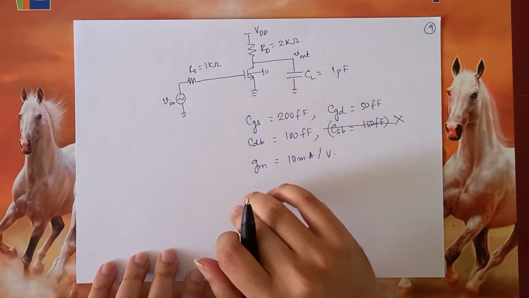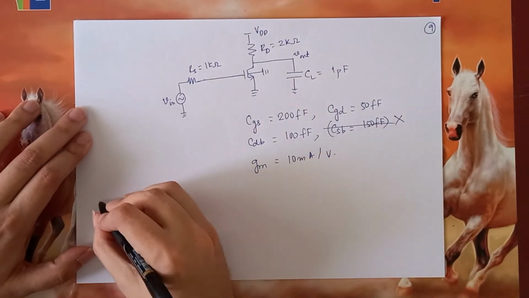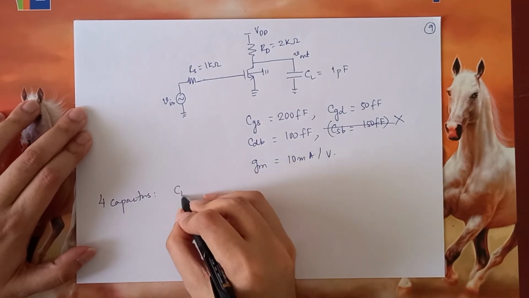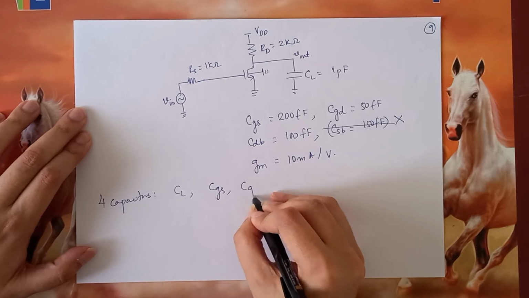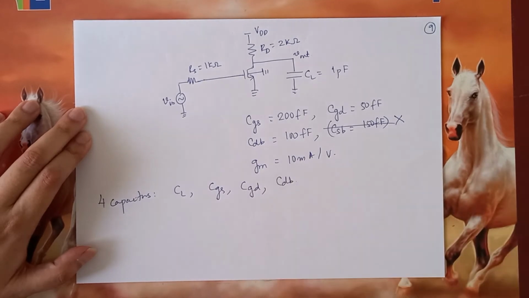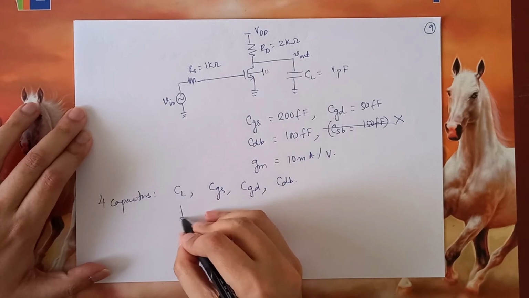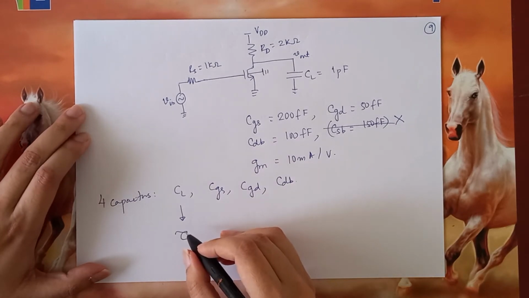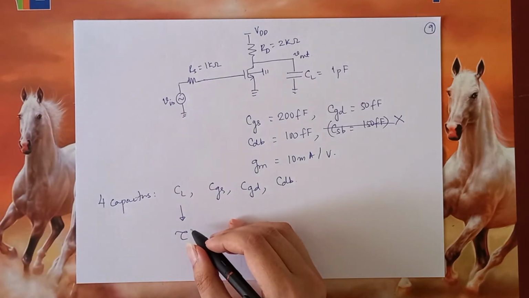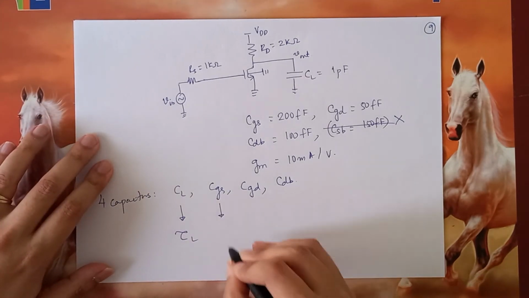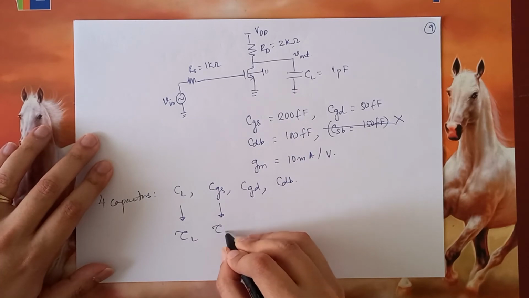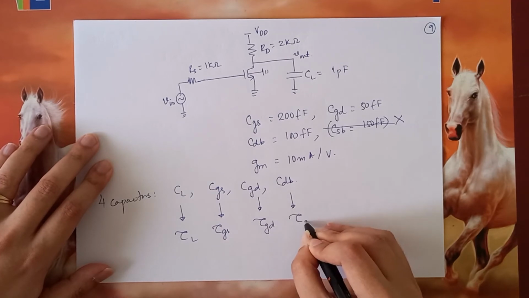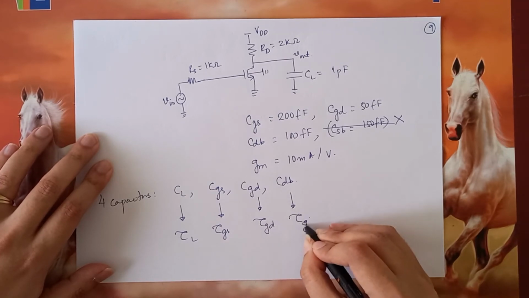So there are 4 capacitors: CL, CGS, CGD and CDB. So therefore we are going to have 4 time constants. We'll call them tau L, tau GS, tau GD, and tau DB.